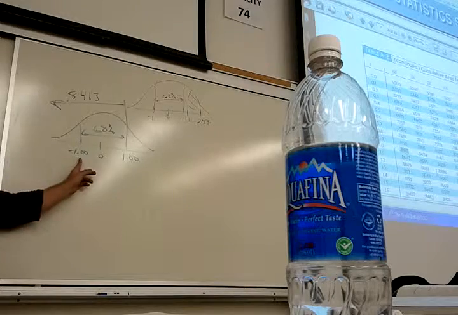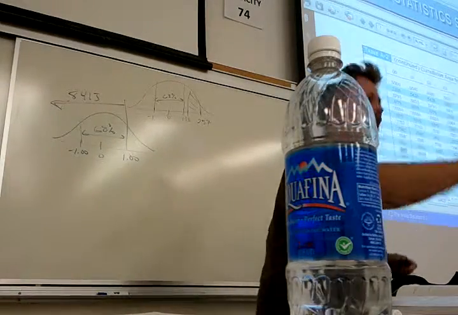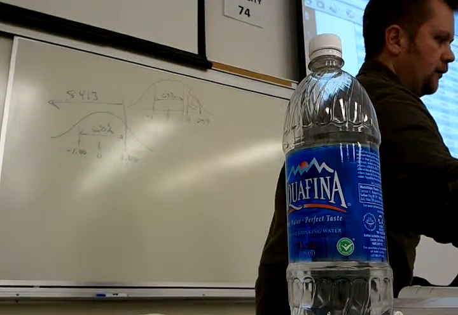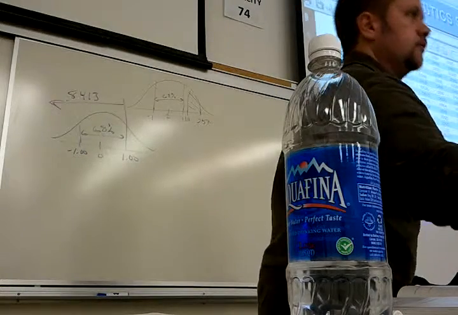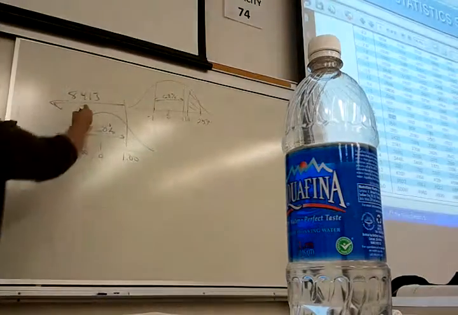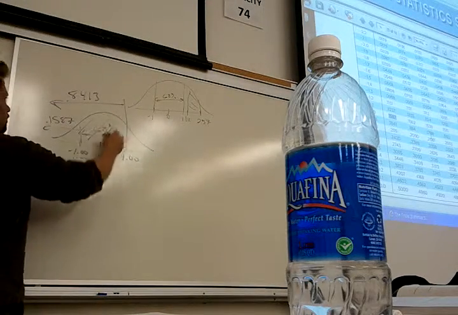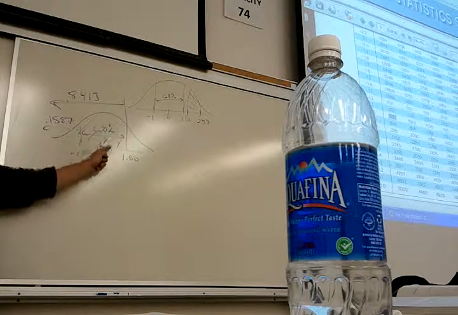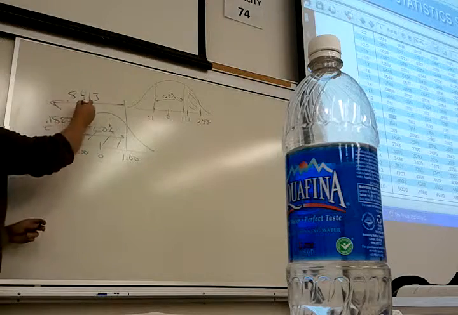Now, how do I get negative 1.00? I go back to the negative table. It's 0.1587. Beautiful. Negative 1.00 is this first guy here, so that's the area below this. So how do I get the area inside? This is too much, it's supposed to stop right here.